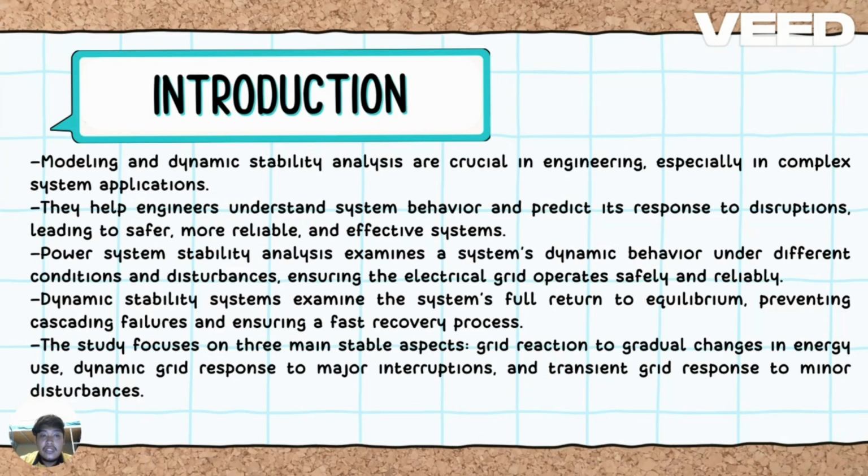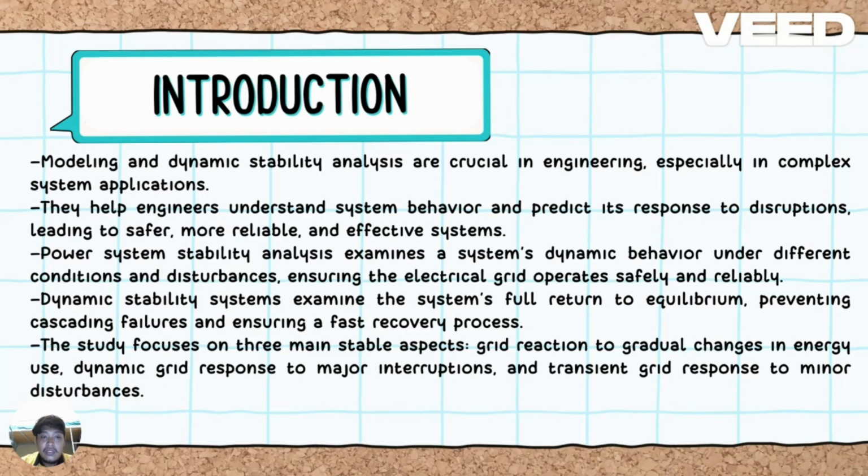So the introduction. Modeling and dynamic stability analysis are crucial in engineering, especially in complex system applications. They help engineers understand system behavior and predict its response to disruption, leading to safer, more reliable and effective systems. Our system stability analysis examines a system's dynamic behavior under different conditions and disturbances, ensuring the electrical grid operates safely and reliably.